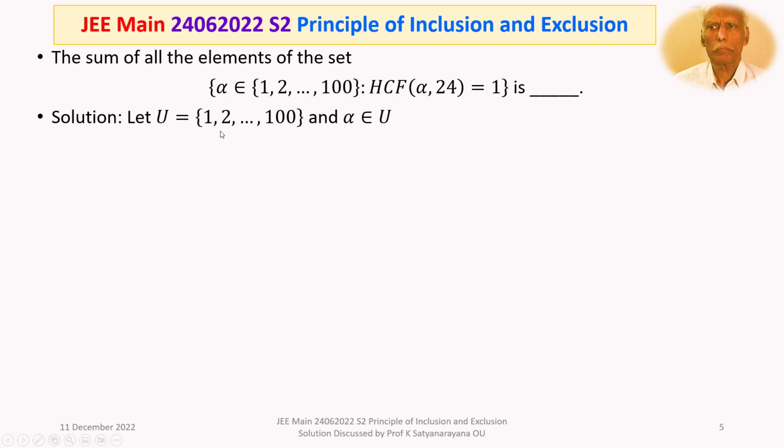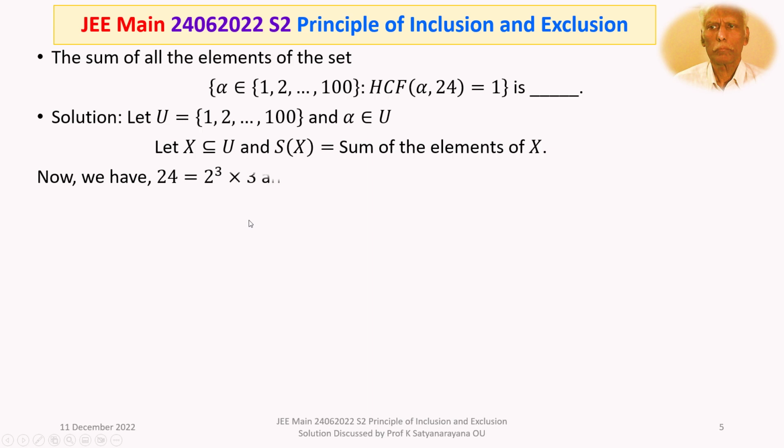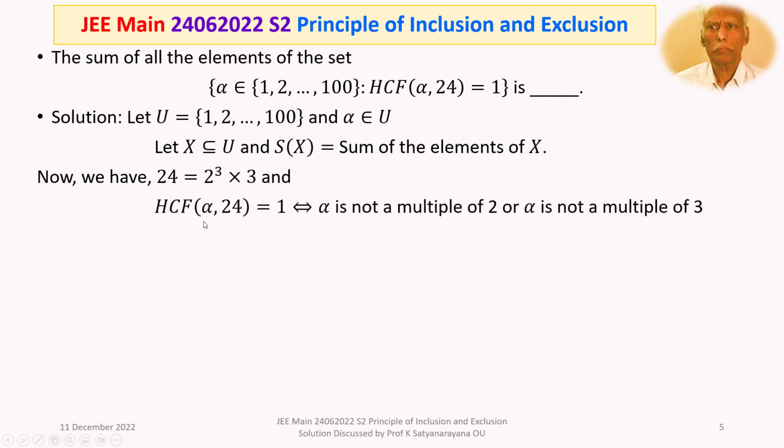We denote the set consisting of 1 to 100 as U. So for our purpose, this is the universal set, and alpha belongs to U. Let X be a subset of U, then S of X denotes the sum of the elements of X. Now we have 24, whose prime factorization is 2 cube into 3, and the HCF of alpha comma 24 is equal to 1, that is the GCD of alpha comma 24 is 1, if and only if alpha is not a multiple of 2 and alpha is not a multiple of 3.